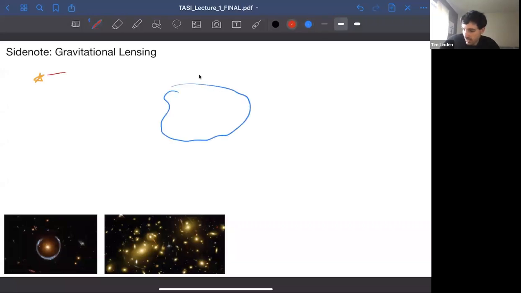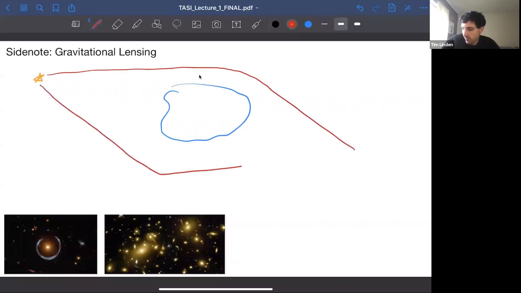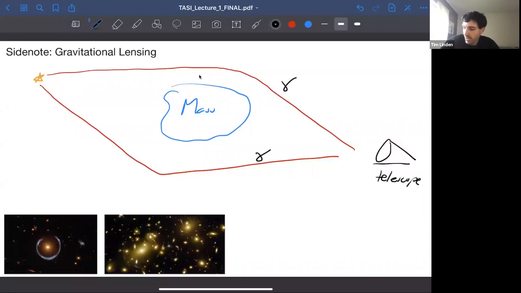And my galaxy emits photons, and it is bent, because of general relativity, around that mass. And so then I look out with my very expertly drawn telescope here, and I see light from the same galaxy coming from this way and coming from that way. And I get something that looks like these pictures on the bottom left.